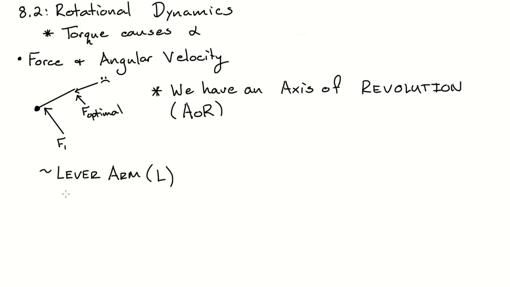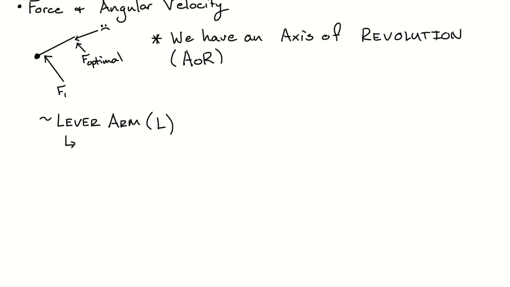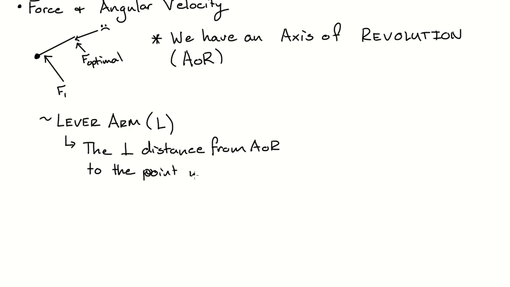But we're going to say that the lever arm, by definition, and we'll draw it to make sense of it, is simply the perpendicular distance from our axis of revolution, or AOR, the hinge on our door, if you will, to the point where force is applied.